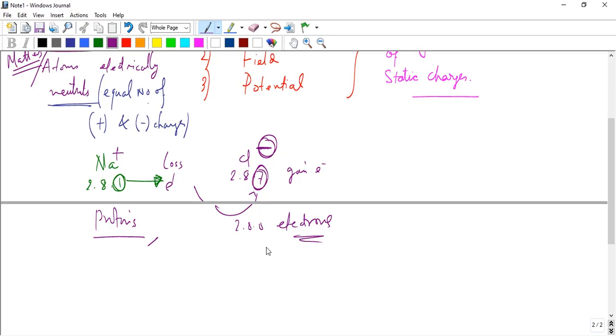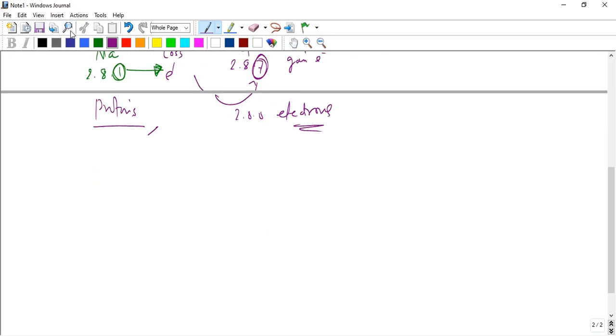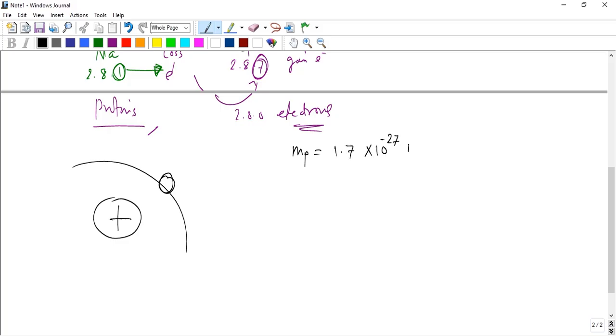In the structure of an atom, there is a nucleus with positive charge surrounded by electrons. Comparing the structure, the mass of a proton is approximately 1.7 times 10 to the power minus 27 kg, and the mass of an electron is 9.1 times 10 to the power minus 31 kg.